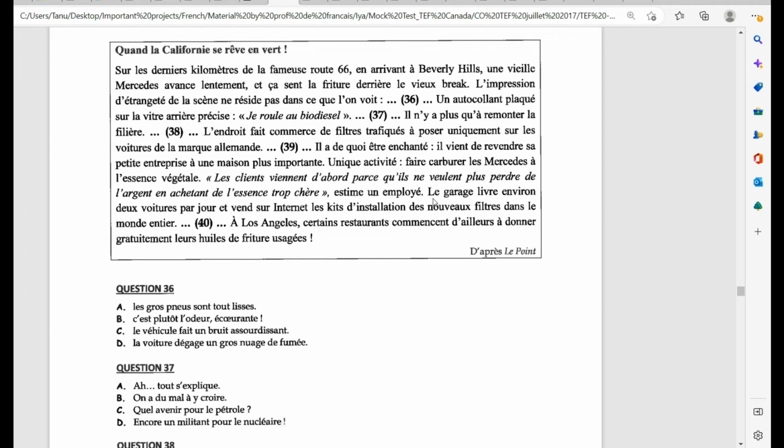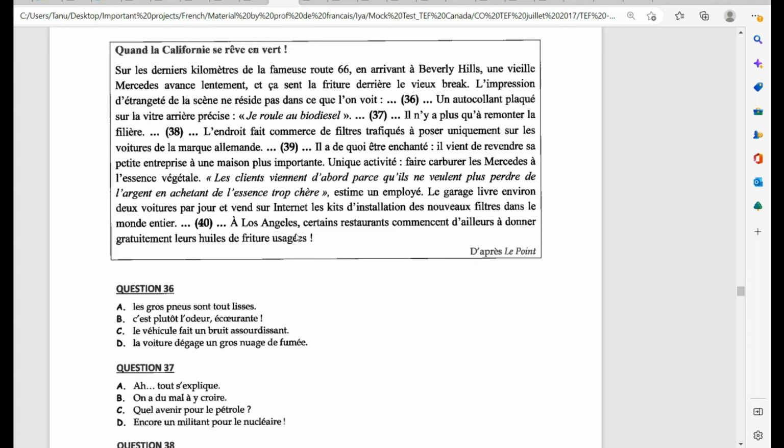Le garage livre environ 2 voitures par jour et vend sur Internet les kits d'installation de nouveaux filtres dans le monde entier. This particular garage delivers about 2 cars per day and on internet they also sell installation kits of new filters globally. À Los Angeles, certains restaurants commencent d'ailleurs à donner gratuitement les huiles de friture usagées.